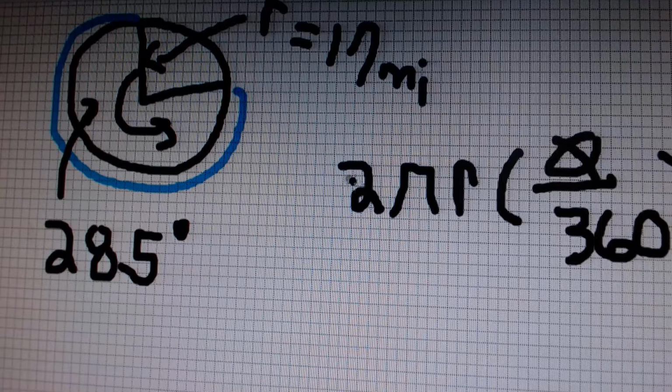The first part of the formula is the circumference formula, 2 pi r, 2 times 3.14 times the radius, which is 17 miles long, times theta, the degree of the angle, over 360 degrees.